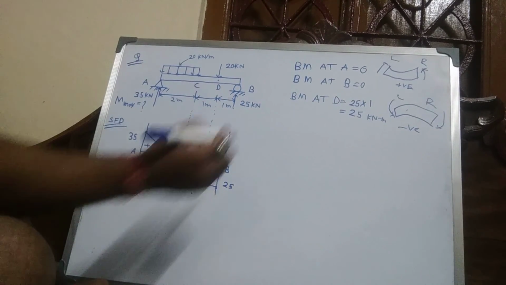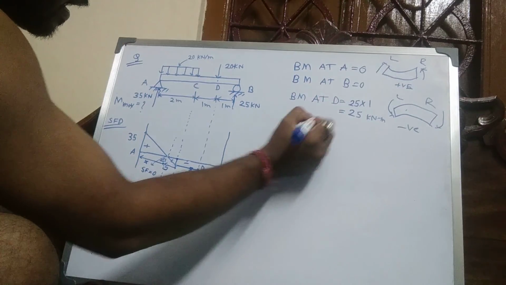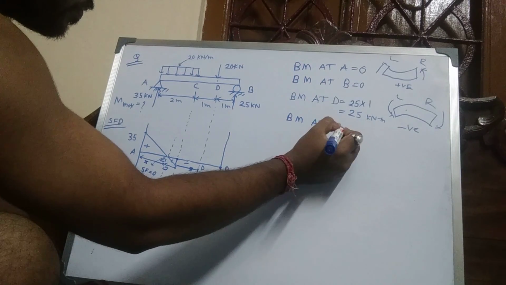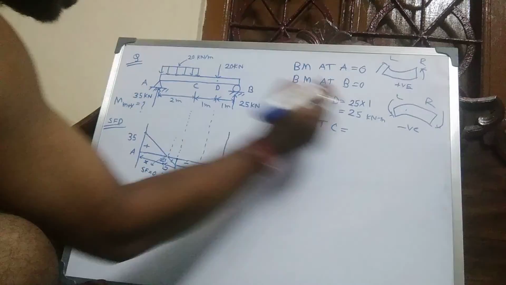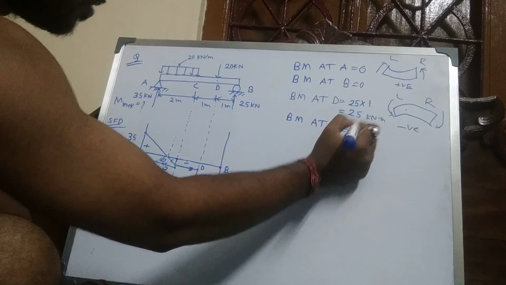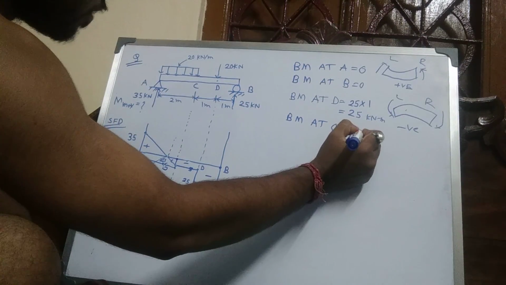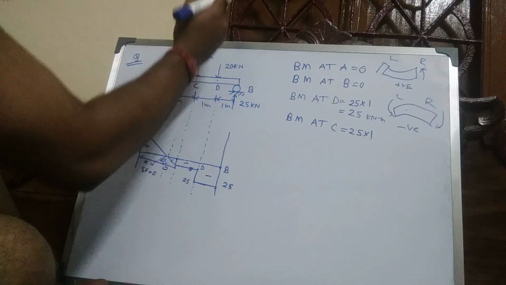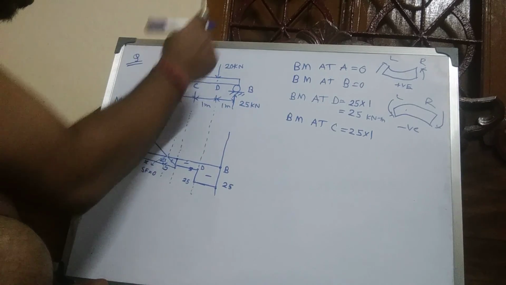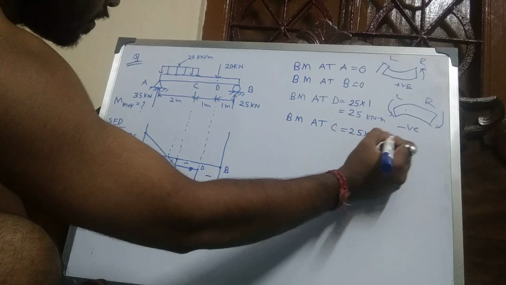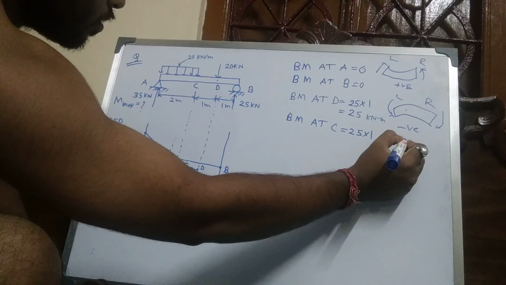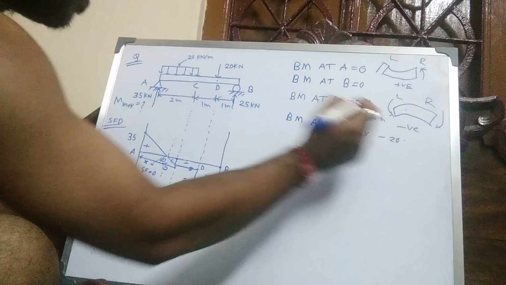And bending moment at C from the right side, counterclockwise is positive, 25 into 1. This is right side clockwise, negative, minus 20 at a distance of 2.